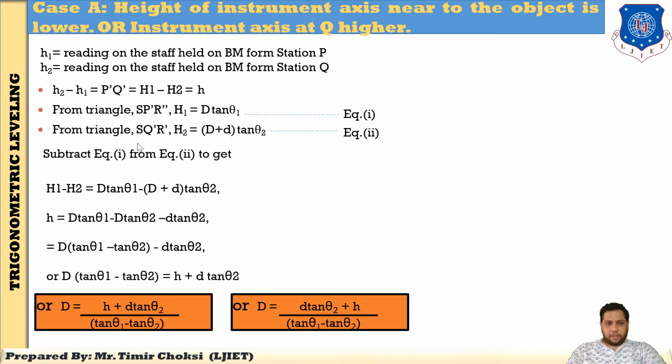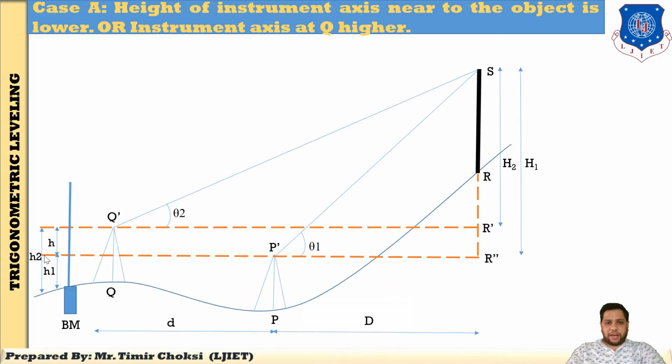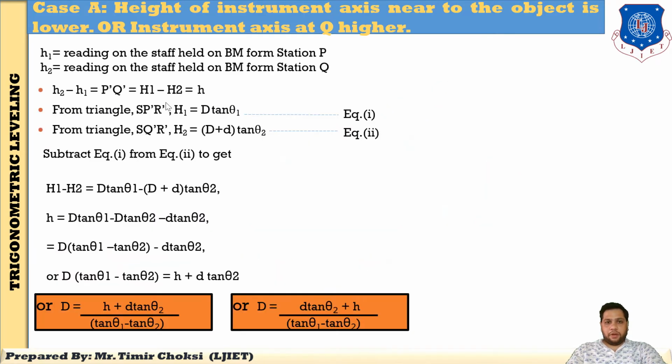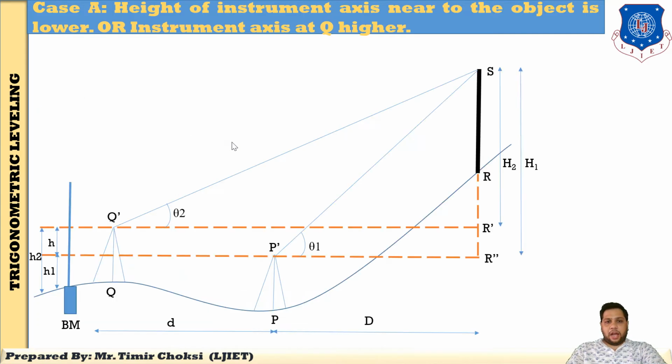Now you know that h2 minus h1 equals h equals P dash Q dash equals capital H1 minus capital H2. So you have written h2 minus h1 equals P dash Q dash equals capital H1 minus capital H2, and all of these values are small h. So now you have the value of small h.